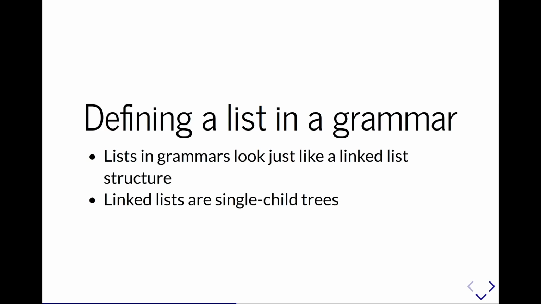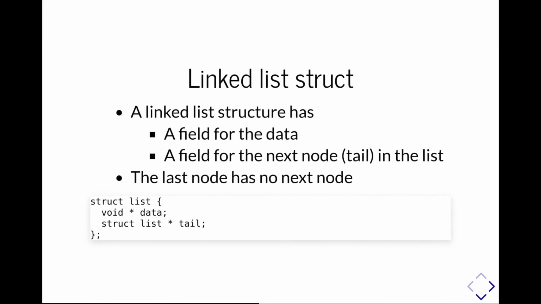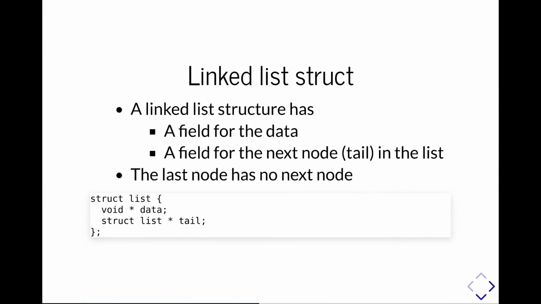So this is how we're going to define lists. It's just like a linked list. You all learned about linked lists. They're a self-referential type. Does this linked list definition look familiar to everyone? I think in CS1 or CS2 you probably learned this. You notice that this struct type is self-referential. It refers to its own type.